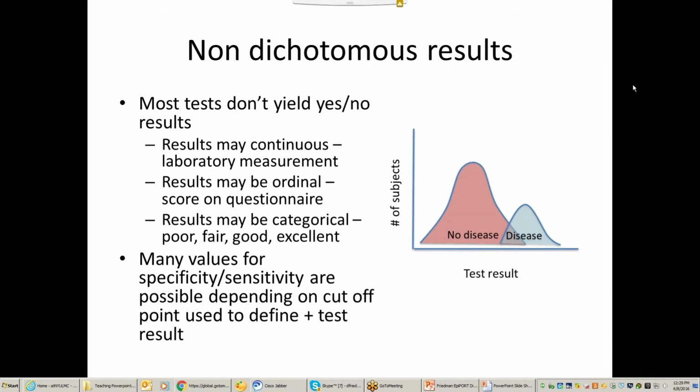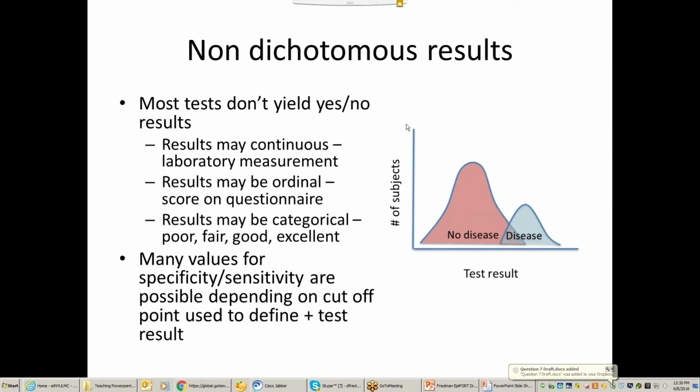Therefore, in these kinds of studies, you want to figure out what the optimal cut point is. Where do I draw the line to define what a positive test result is? And that may be different for different purposes.